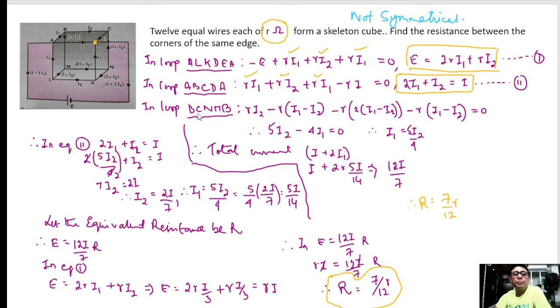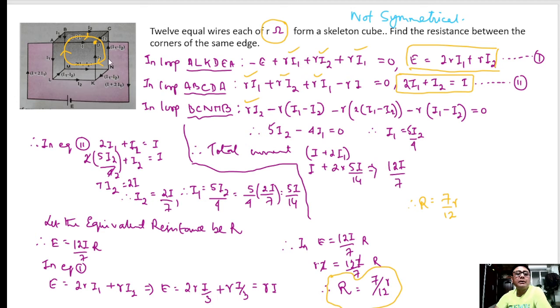Now we will see the loop BCNMB. So watch here, BCNMB. That means we are using this loop BCNMB, going in this direction. First of all, from B to C, it is in the direction, so RI2.